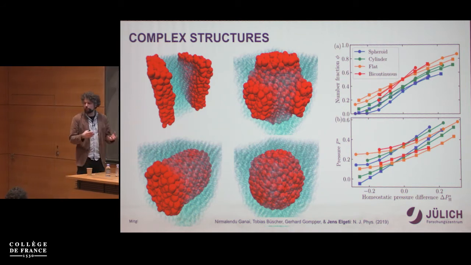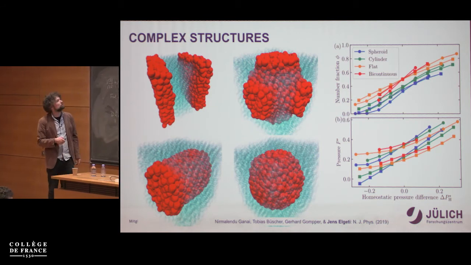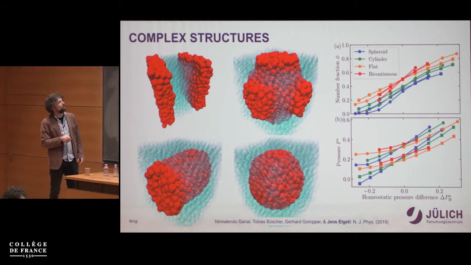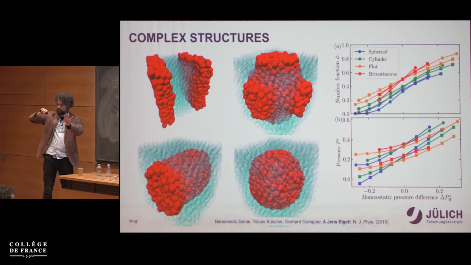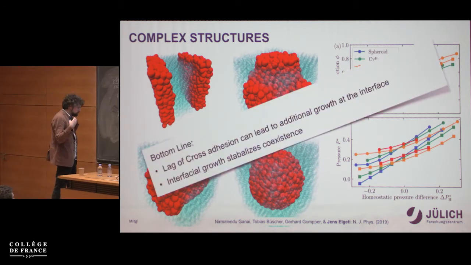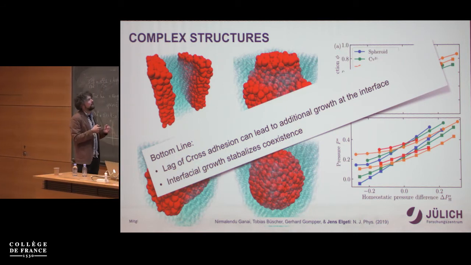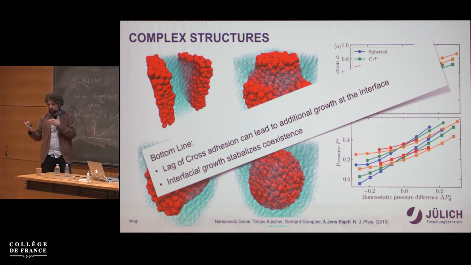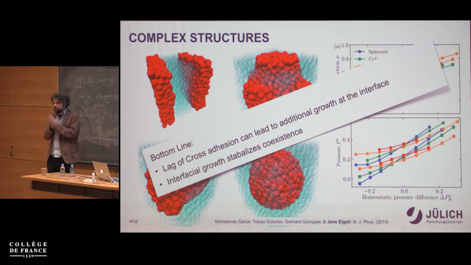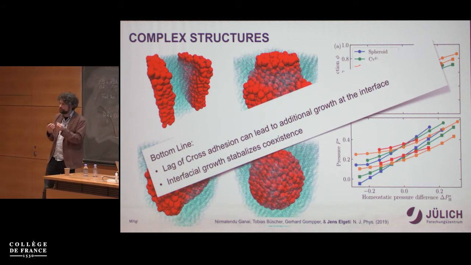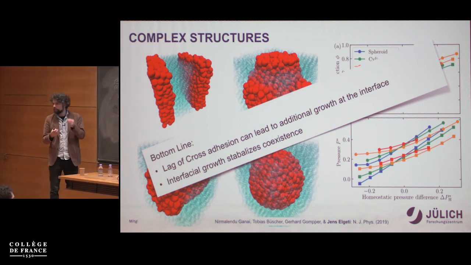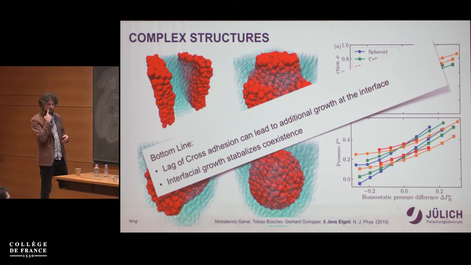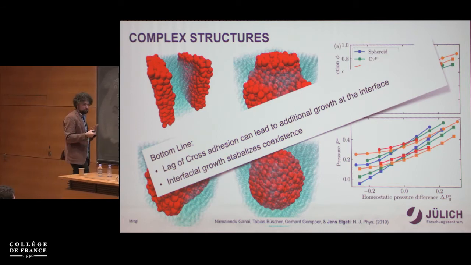Of course, you can also find combinations, which I didn't show here, like a bicontinuous phase with a little spheroid in between. But the main take-home message is that lack of cross-adhesion between tissue A and B generates excess cell growth at the interface, which in turn stabilizes coexistence of two different tissues.